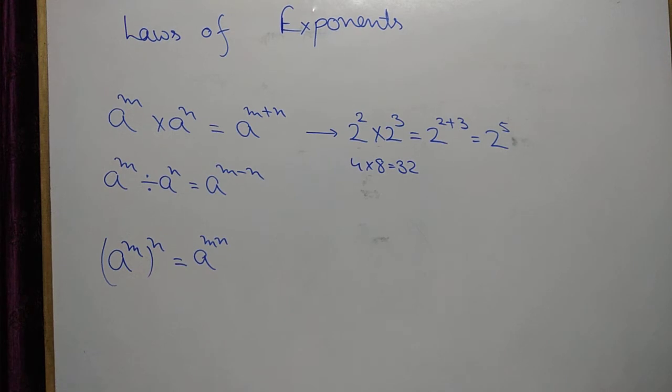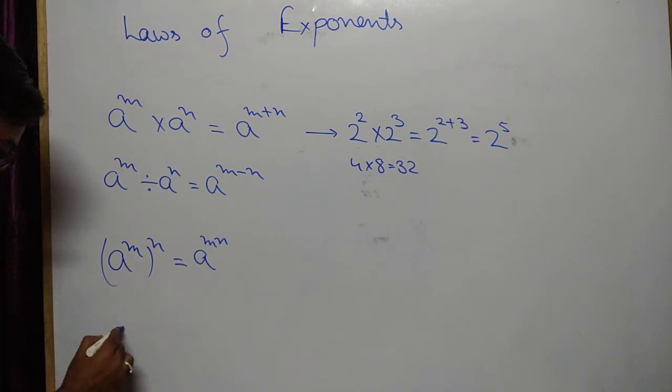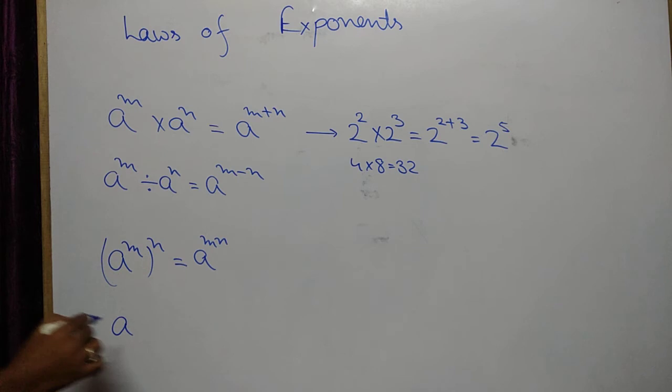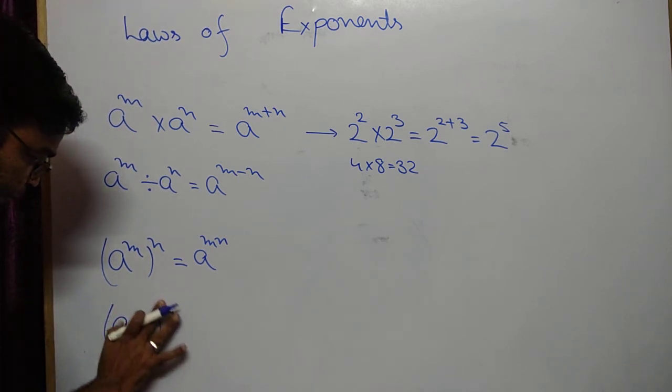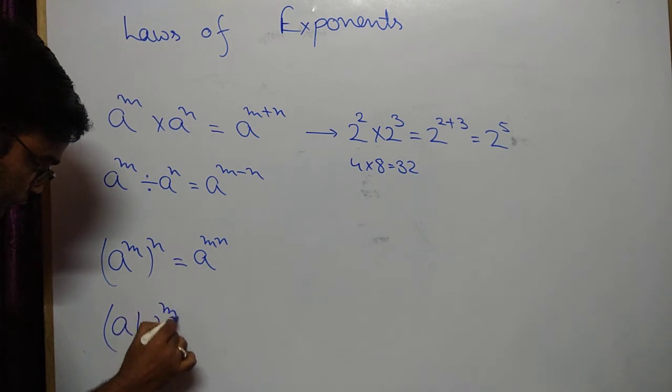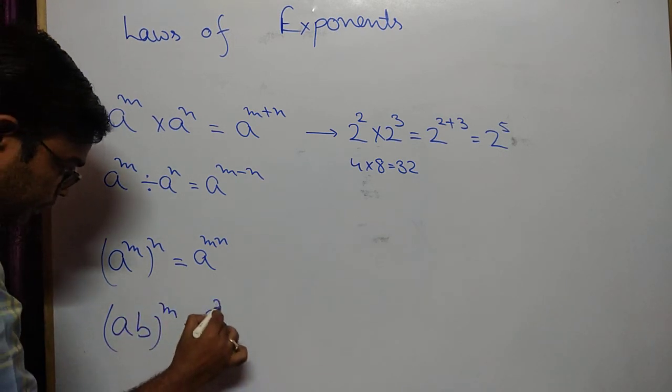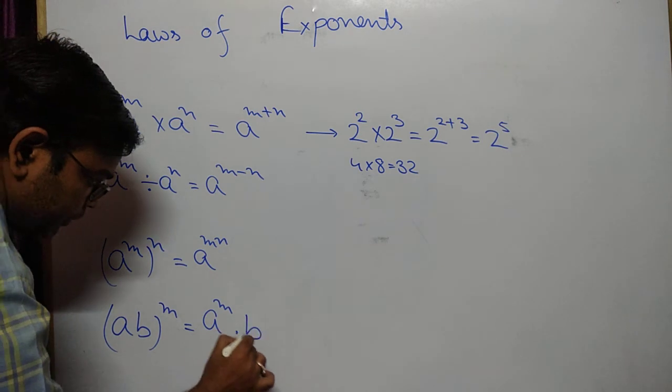One more rule is there. a into b whole to the power m equals a to the power m into b to the power m.